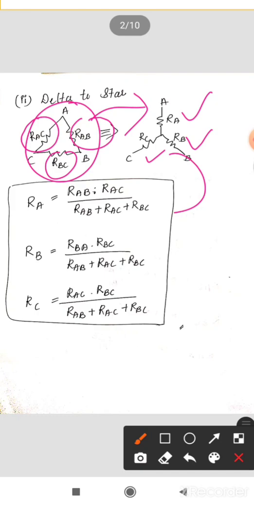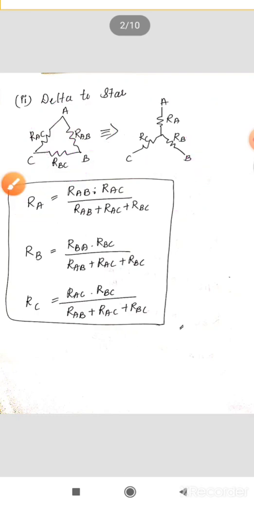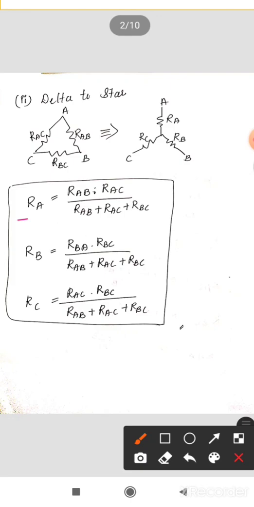To calculate RA, with respect to this A, we have to substitute. So RA will be equal to RAB into RAC divided by all the resistances, that is RAB plus RAC plus RBC.